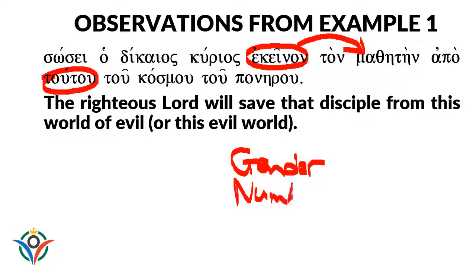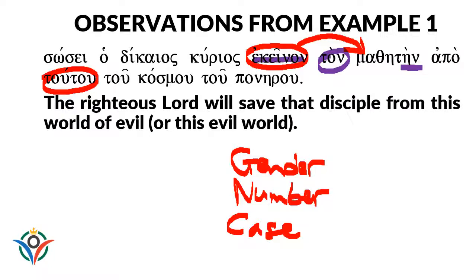number, and case. And if you look closely here, you will see that mathetain has a feminine ending and ekenon is masculine. But we look at the article, and the article is masculine. All right, so this is one of those upside down nouns.